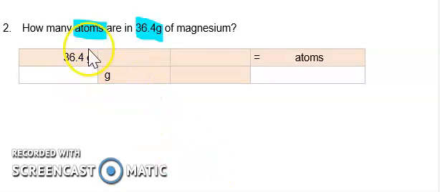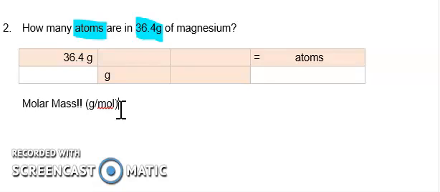Okay, so what conversion do I know that can get rid of grams and also give me something helpful? Well, there is molar mass. You guessed it again. Yes, molar mass, where it's grams per mole. So I need to find the molar mass of magnesium.